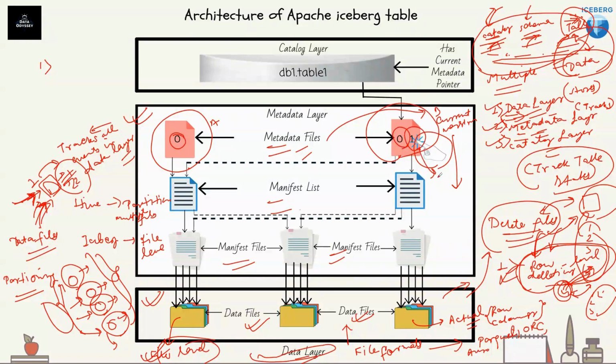So these are the snapshots. The zeroth snapshot has the first version of the data, snapshot one has the second version of the data, and the metadata file has the information on what the current snapshot of that table is. And the current snapshot is one.